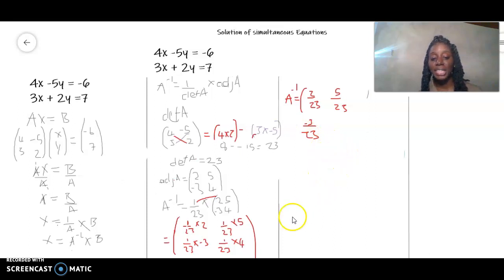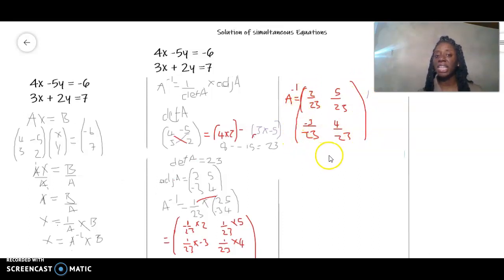And finally 1 over 23 times 4 will yield 4 over 23. So there you have it, we have A inverse, but we're not quite finished as yet.